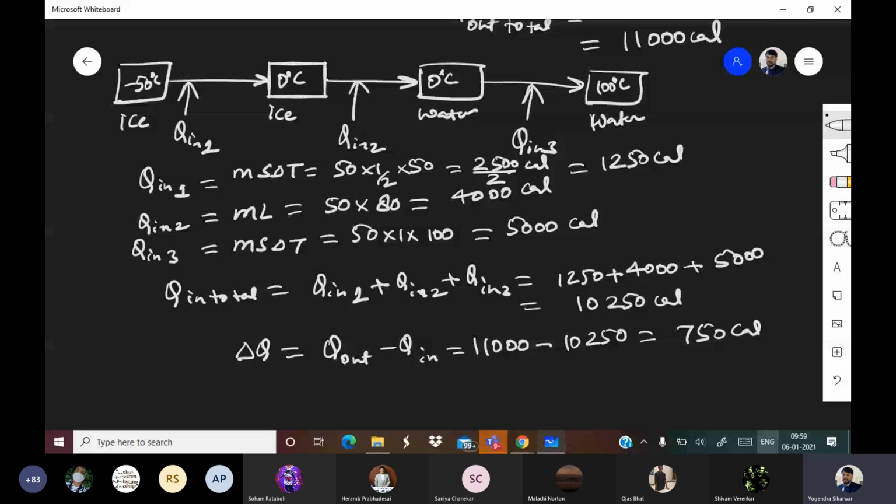That's very simple. Q is equal to m L. So delta Q, 750, is equal to m L, where L is 540. So m comes out to be 750 upon 540, that is 75 by 54.